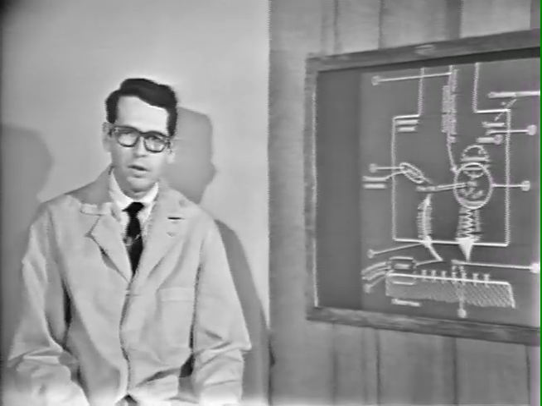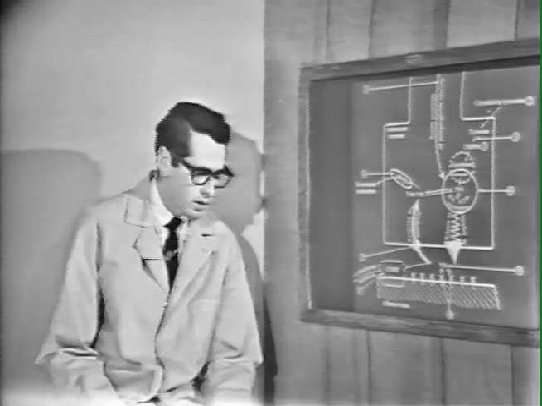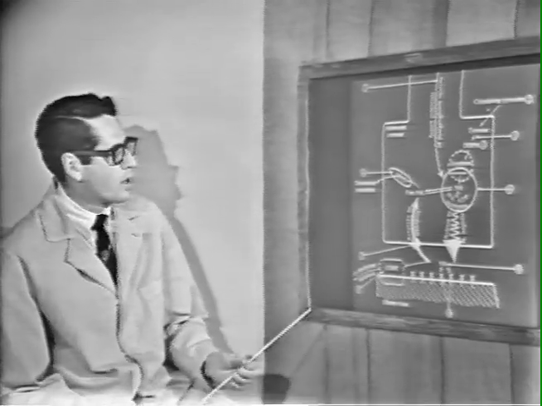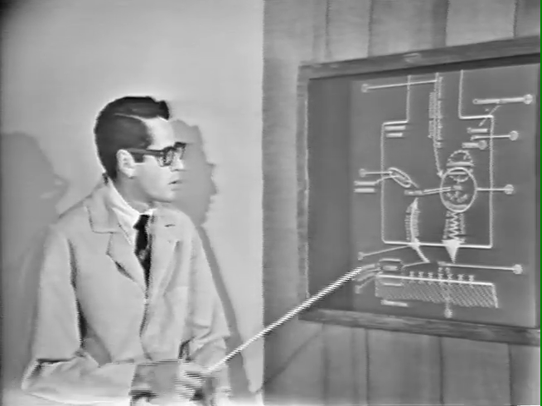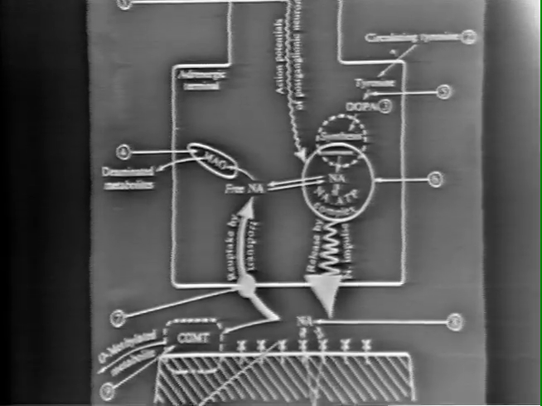Let's turn our attention now to the effects of the sympathomimetic amines that we used in the demonstration: norepinephrine, isoproterenol, and tyramine. First of all, how do these agents interact with the adrenergic system as we have it shown here? Norepinephrine and isoproterenol both act on the receptors, as does neurally released norepinephrine.